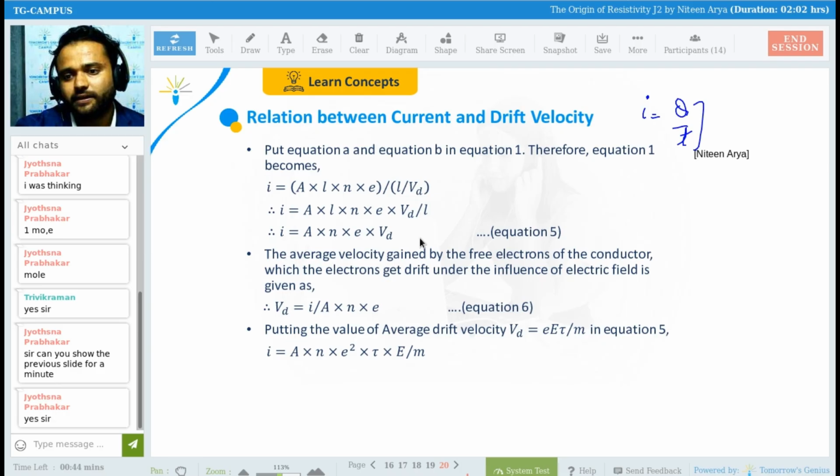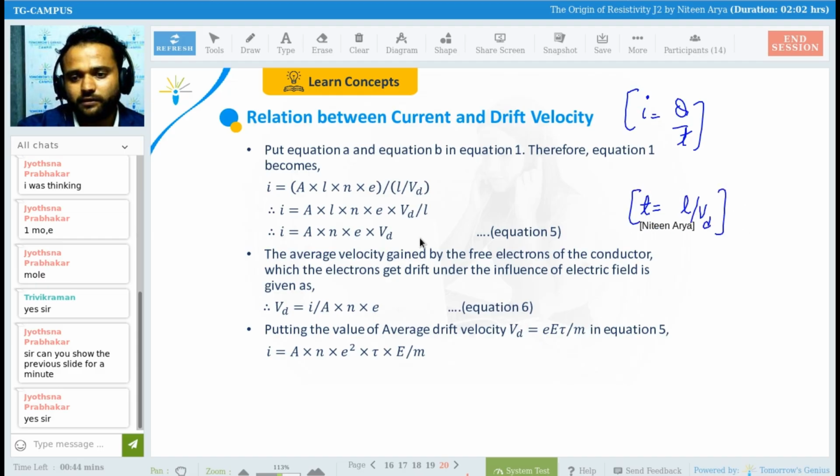I equals Q by T, where for T we have L upon Vd, and this Q from equation number B we have A into L into N into E. So just using that, I equals A L N E divided by L into Vd.